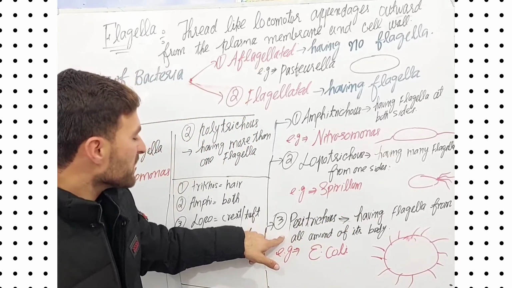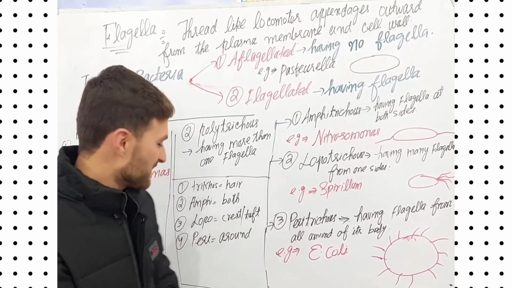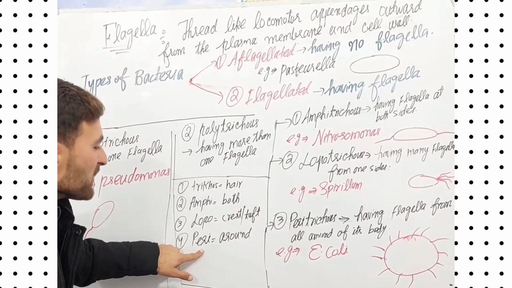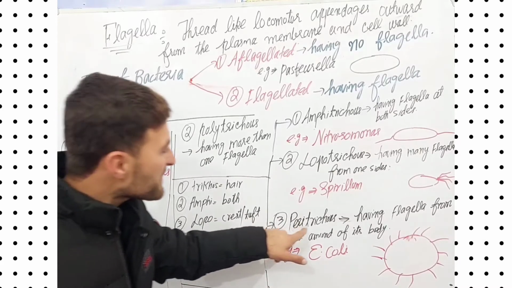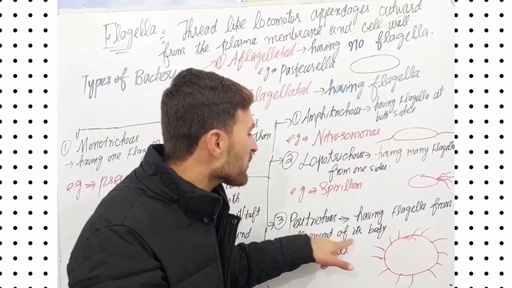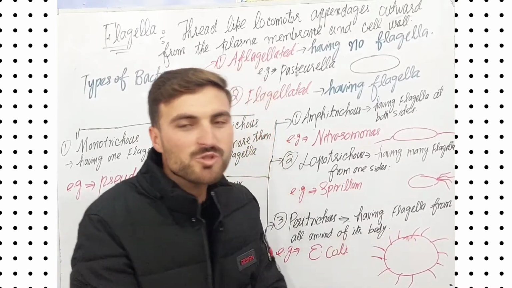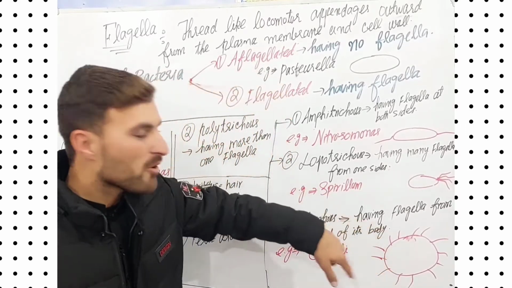Now let's proceed to the Peritricus. What does peri mean? I have written this. Peri means around. It is also a Greek word. So now let's define it: having flagella from all around its body. Those bacteria which have flagella from all around their body.